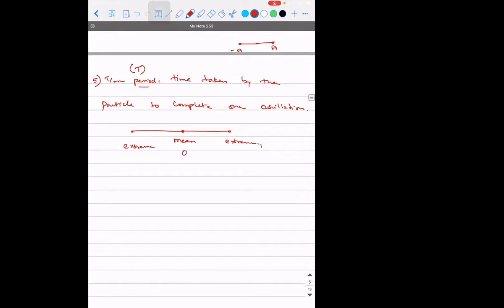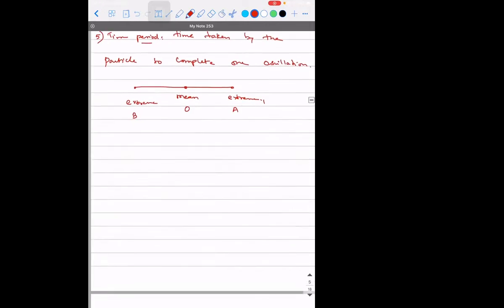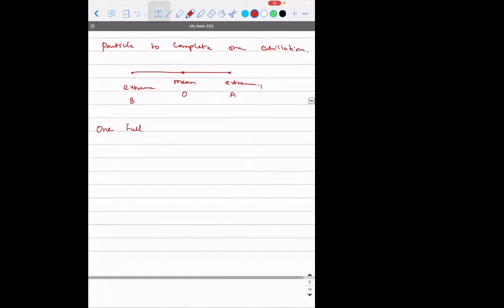If I take this point as O, this as A, and this as B, one complete oscillation is O to A, plus A to O, plus O to B, plus B to O. All these distances put together is one oscillation. Are you able to understand?